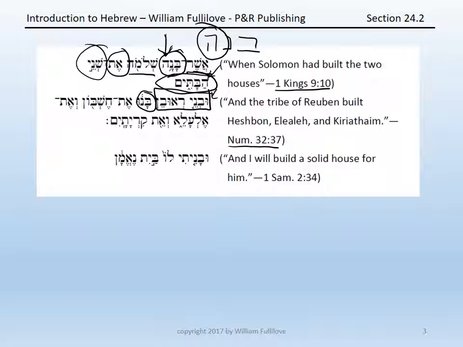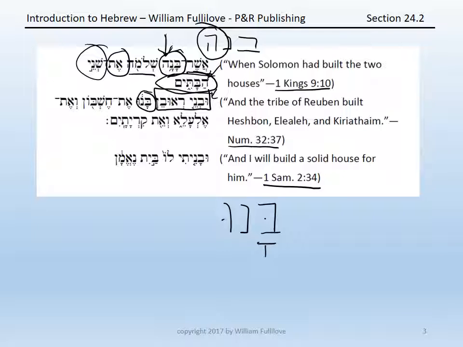Banu, qal perfect third common plural of bana. Note that again, if the root is bana, when we have the form banu, the hey of the root has disappeared entirely in the third common plural form. And the sons of Reuben built Heshbon, Elale, and Kiryatayim.